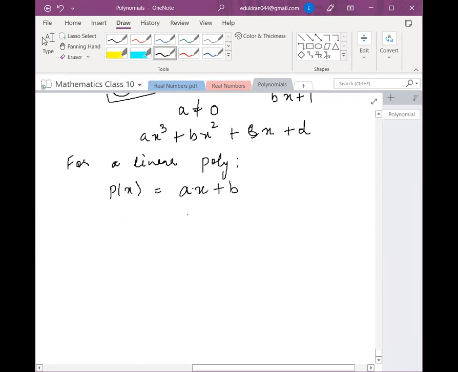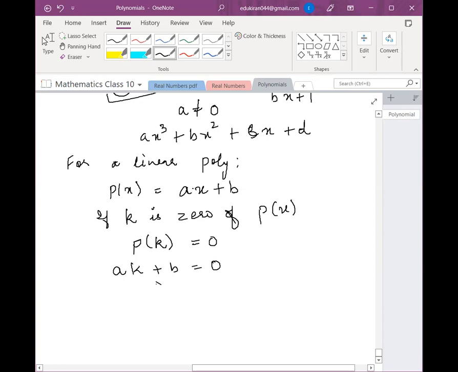Now I'm saying that if k is a 0 of this polynomial, k is 0 of p(x), this means that if I put k in place of x, I should get 0. So if I put a into k plus b is equal to 0, from here I can find the value of k. So k is going to be minus b upon a, right?